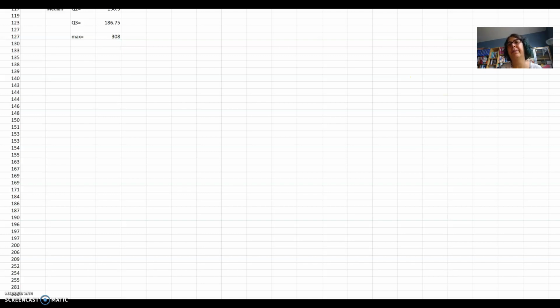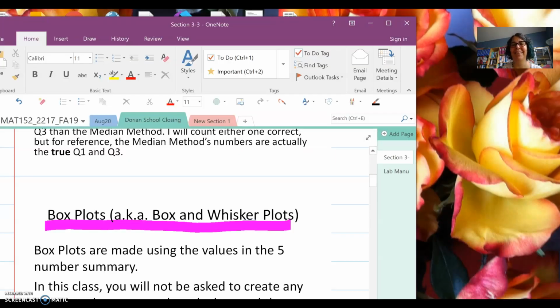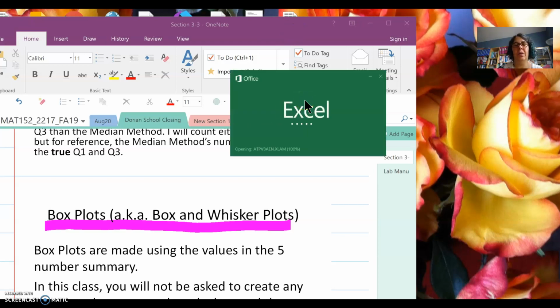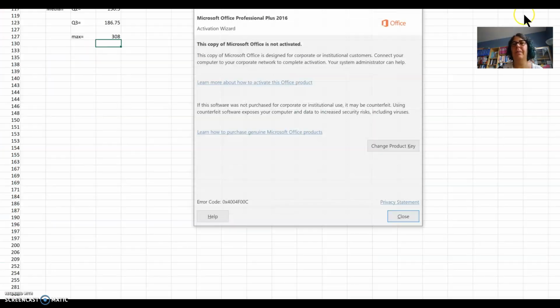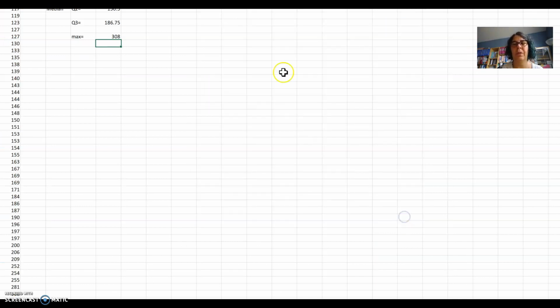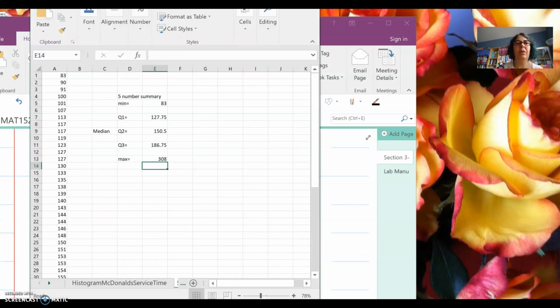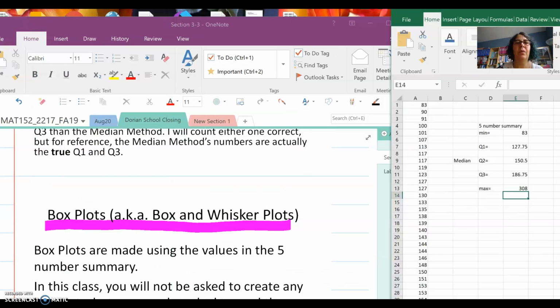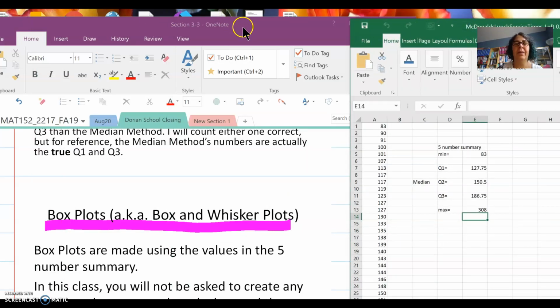Excel is not working with me. Let's see. All right, come on, open up. Good. Now we want that. Let's make it a little bit smaller. That's all right, and let's move this. Yes, this is really what we wanted.